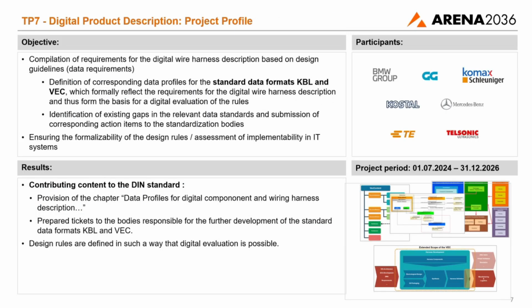So, as I said earlier, the objective is to ensure this. This is done by first ensuring that every design rule specifies which data is needed for testing this design rule. And then these data requirements are mapped into standard formats like KBL and VEC to ensure it is clear which fields are required.